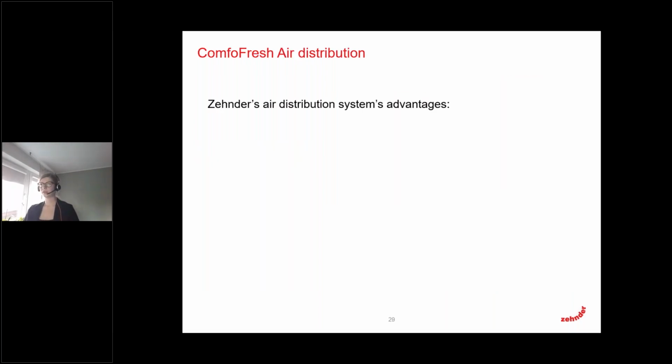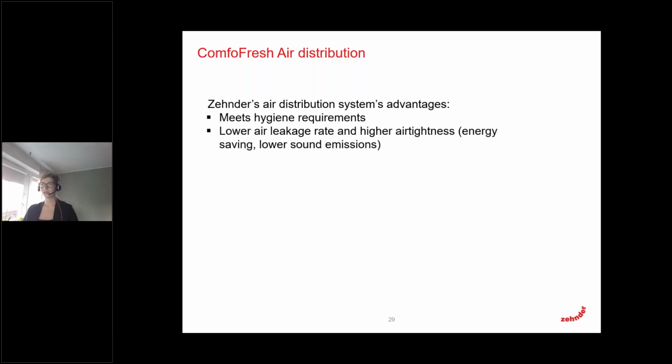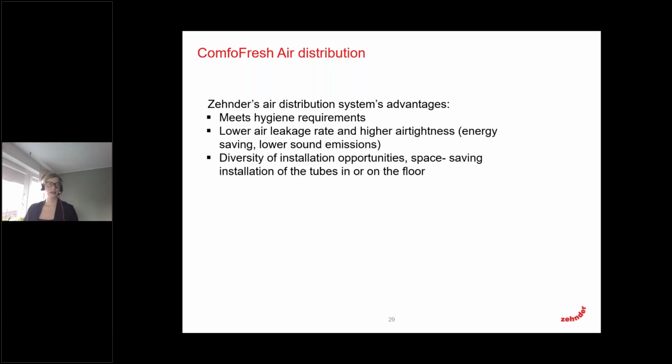A quick summary is that the advantages of the Zehnder air distribution system are that it meets hygiene requirements. There is a lower air leakage rate and higher air tightness, as there are fewer cut sides, and also less riveting to connect the ducts again. Diversity in installation opportunities.